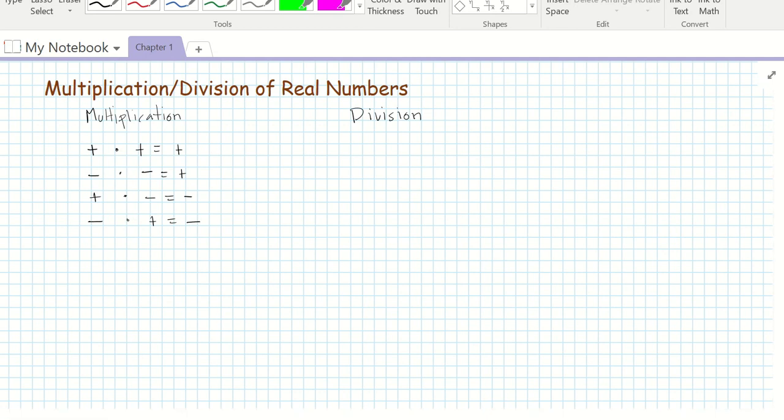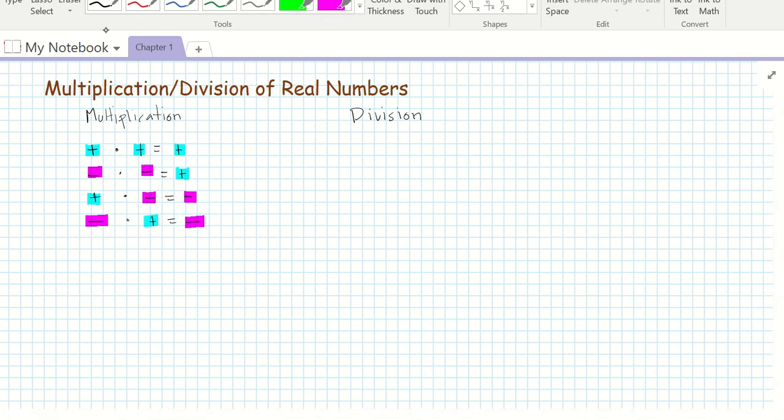Now, what I'm going to do, I'm going to go ahead and highlight the positive. So positive and positive, it's positive. Let me see, do we have, no, we don't have red. Okay, so negative times negative makes a positive. Positive times negative makes a negative. You probably already noticed the pattern, right? Negative times positive makes a negative.